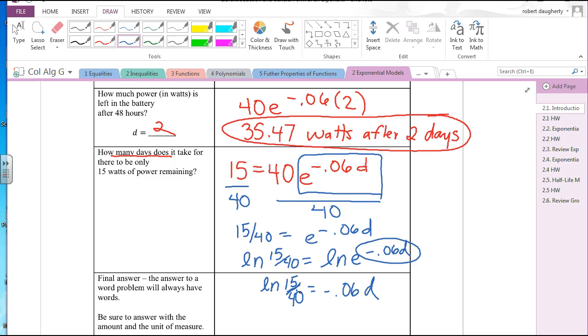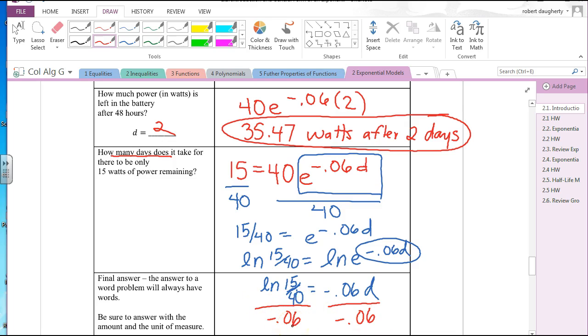Now what am I trying to solve for? I'm trying to solve for what variable? D. Is D by itself? No, it's multiplied by what? Negative 0.06. How can I get the D by itself? Divide by what? Yeah, negative 0.06.